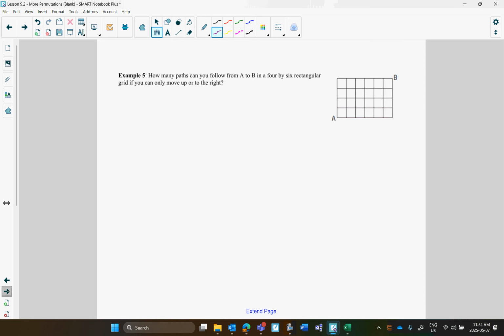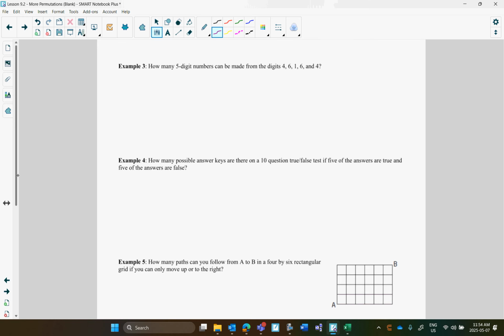Let's look at a couple of different examples. Oh, no, that's not right. How many 5-digit numbers can be made from these digits?